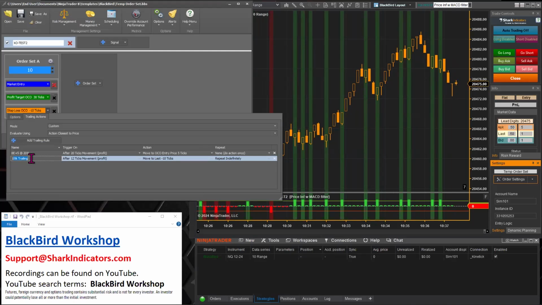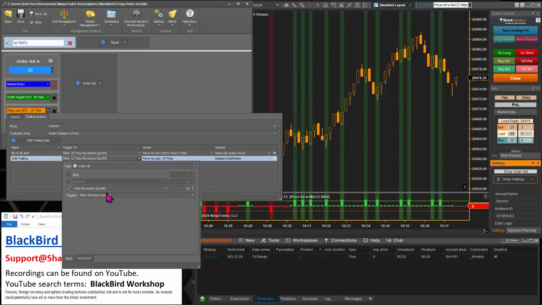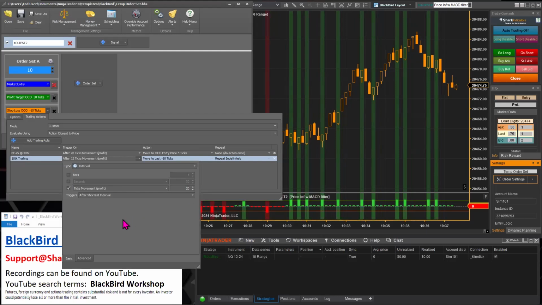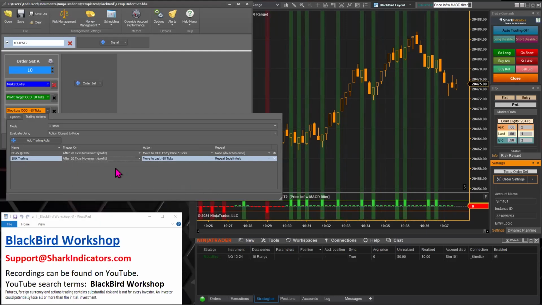Typically you want this trailing to wait until the break even occurs. So let's adjust this to 20 ticks as well. Now our 20 ticks of profit is set for both of these trailing rules. So there we have it.